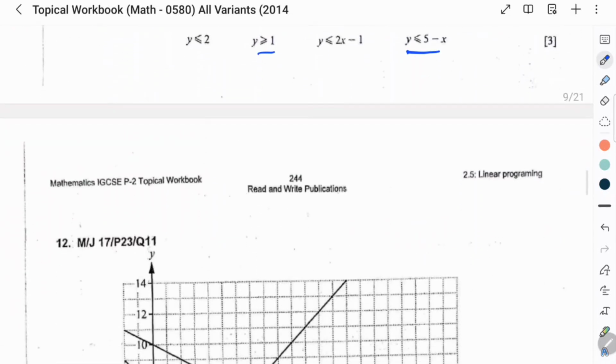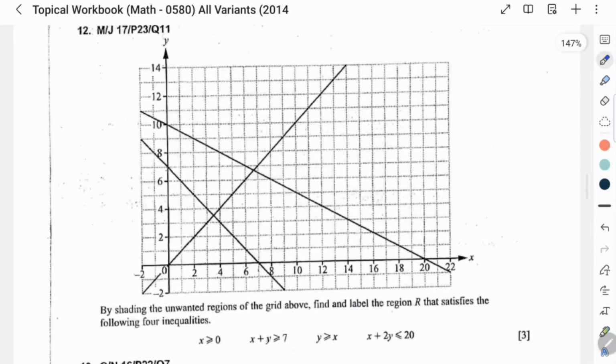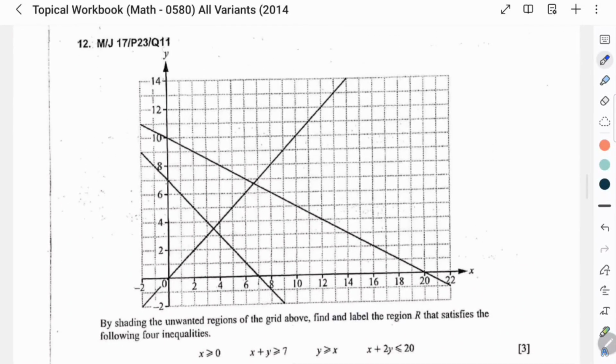Okay, so the next question. This is May-June 2017, paper 2-3, question number 11. By shading the unwanted region on the grid above, find and label the region R that satisfies the following inequalities. Again, the same type of question. We'll have to shade the unwanted region.